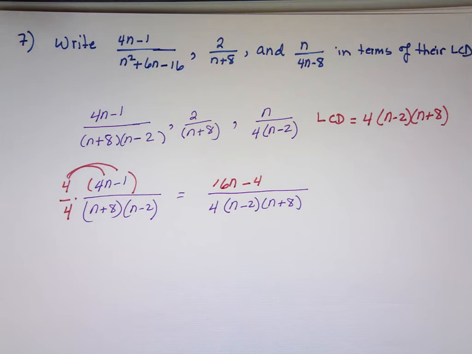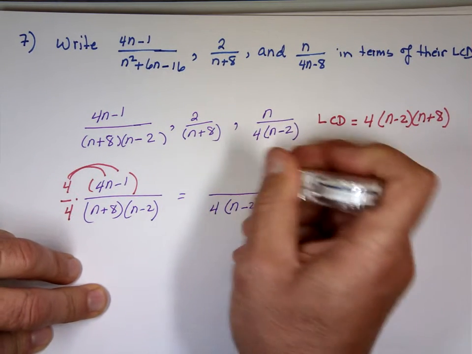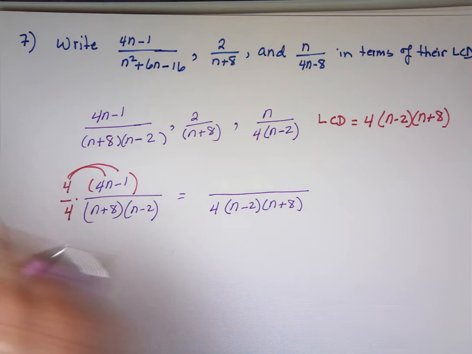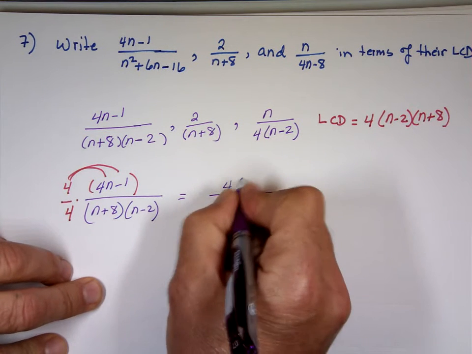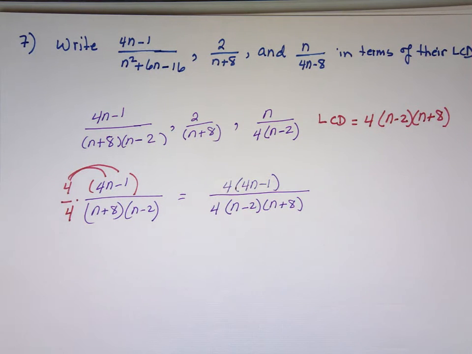Or you can leave it, I'll probably leave it the other way. This is fine. Or I might even leave it as 4 times 4n minus 1. I'm not going to multiply it through. Just leave it the way it is. And I'm sure that'll be fine.